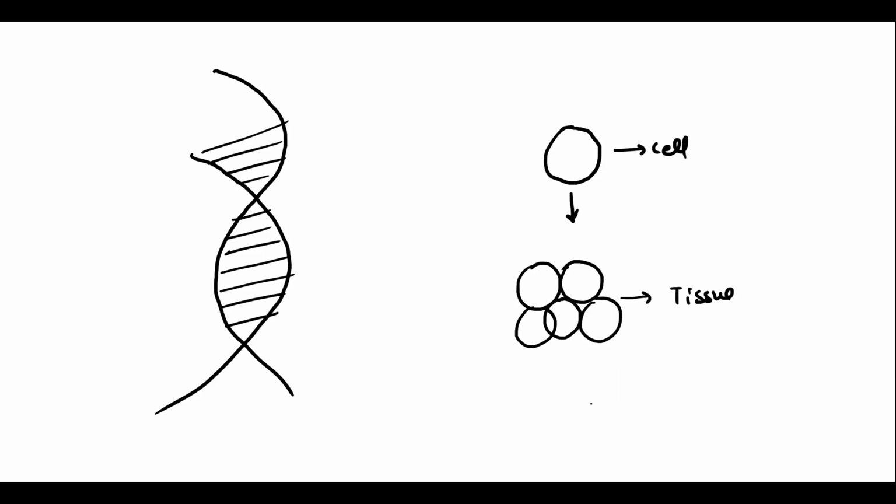When tissues join together, they form an organ, like the lungs, the heart, the brain, the respiratory system, or the kidney. So these are the organs, and then we have the organ system, and then the whole human being.